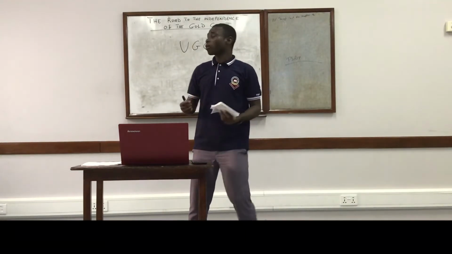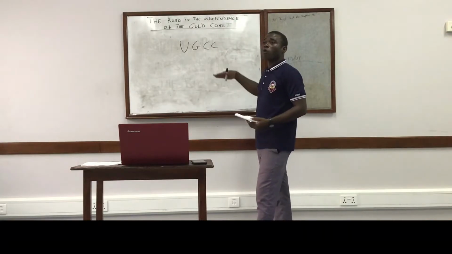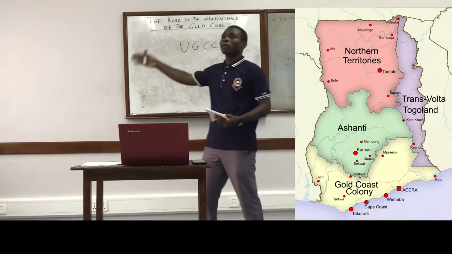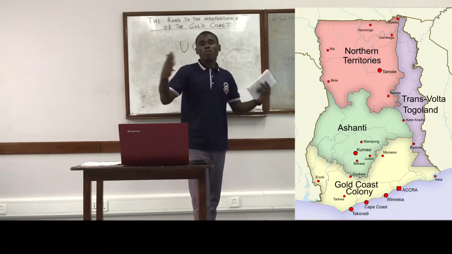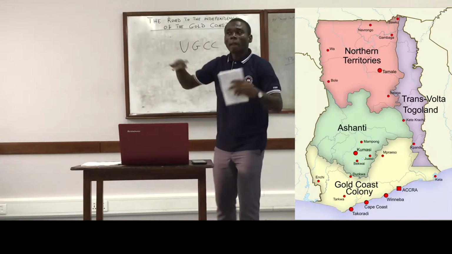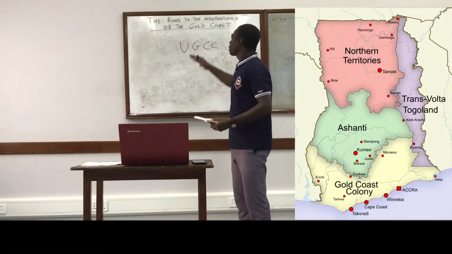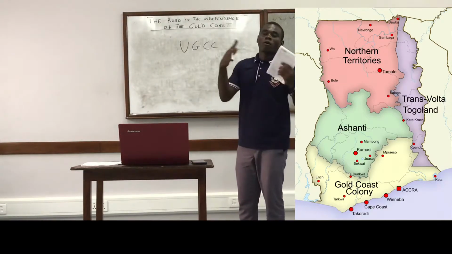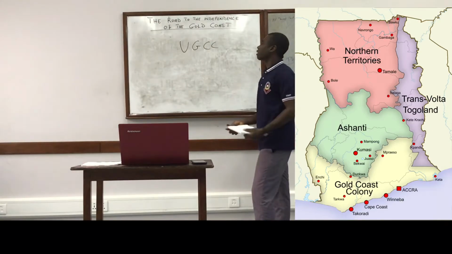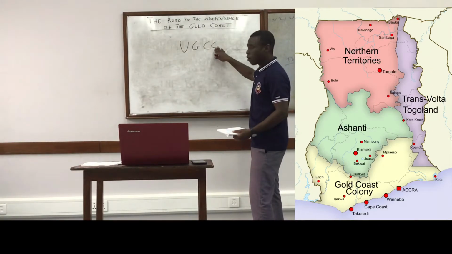So they didn't have full time to work at the UGCC. So Kwame Nkrumah was going around: he went to Kumasi to talk with the people, he went to Accra to talk with the people, he went to other parts of the Gold Coast to speak to the people about what? The importance of political independence and about the objectives of the Gold Coast.